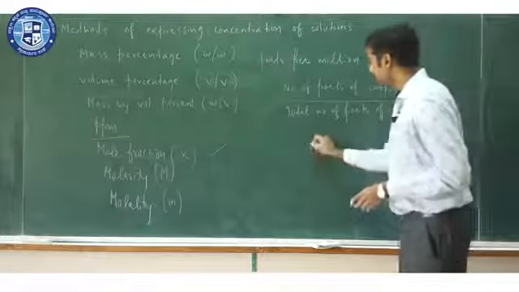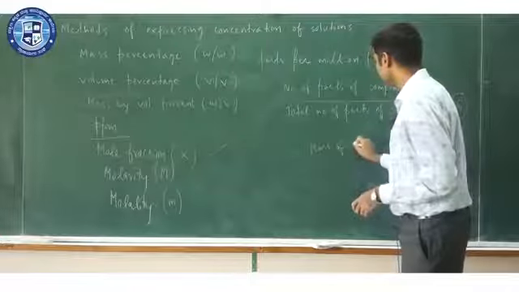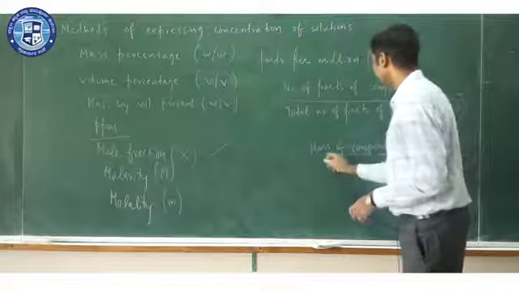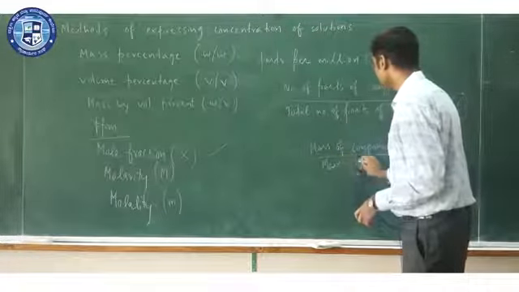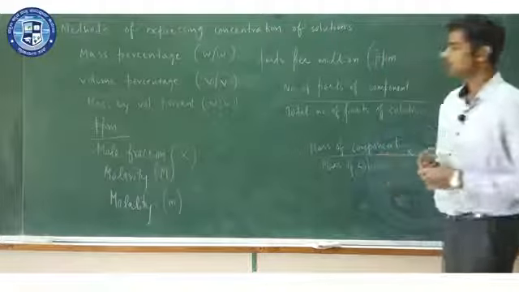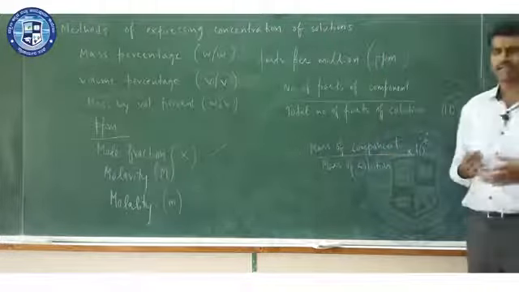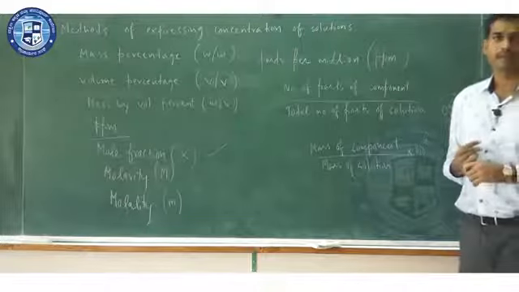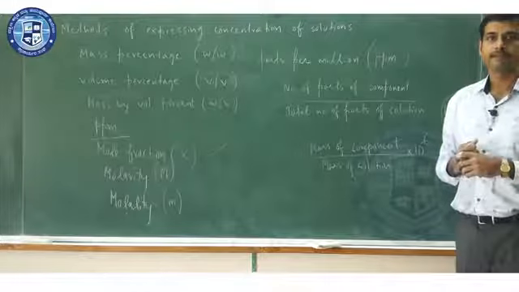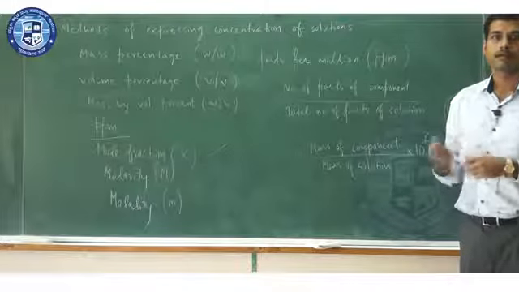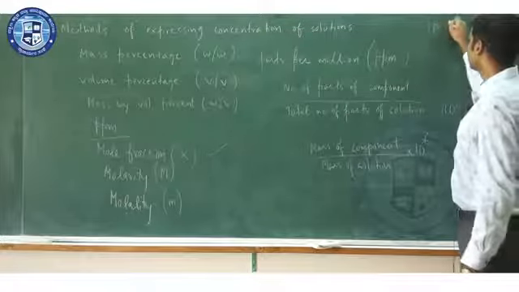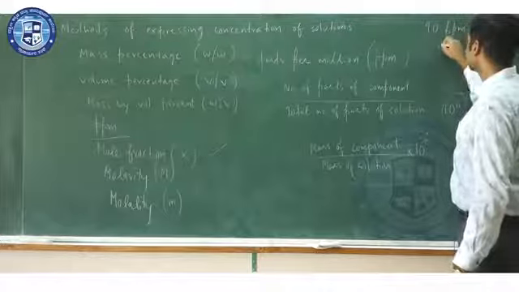So you can write this as mass of the component divided by the mass of solution and express this in terms of a million parts. I have seen some of the paints, and the label mentioned on the paint says this does not contain more than 90 parts per million of lead.